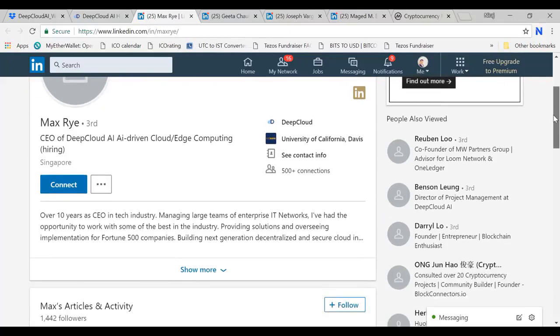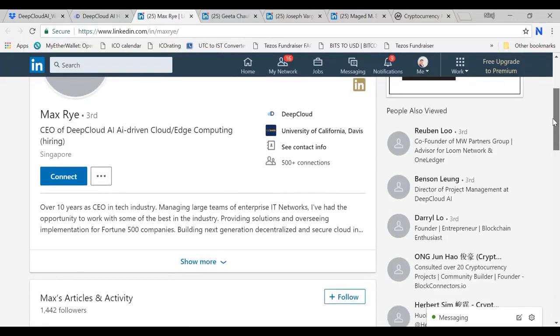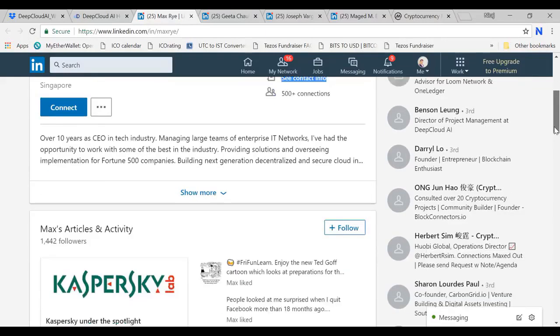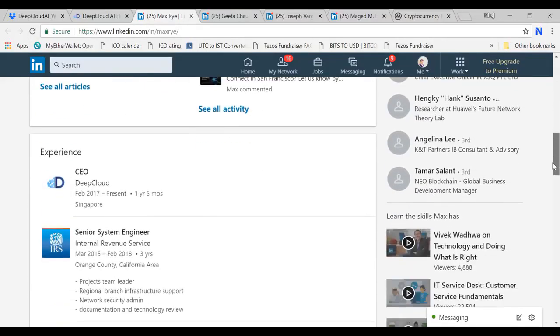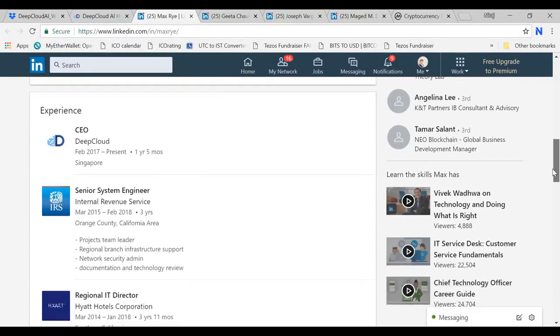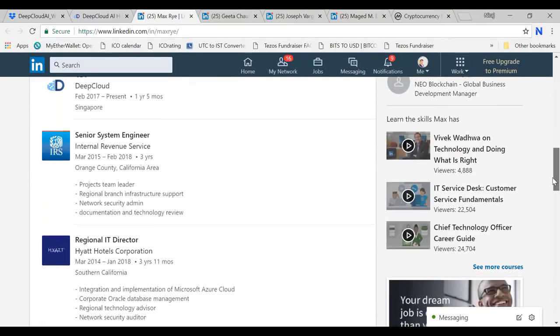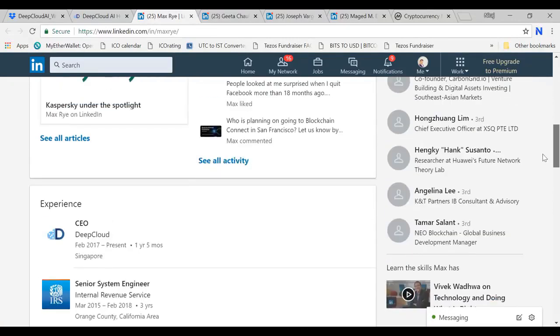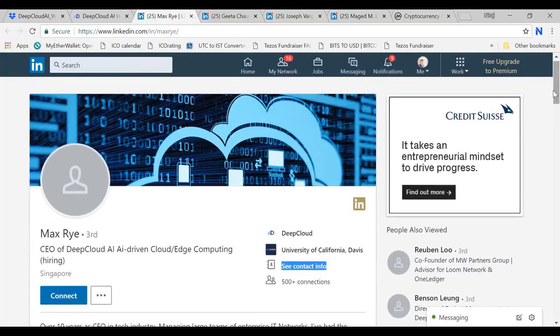So he has enterprise-level experience as a CEO, and if I look at his experience, he has worked as a senior system engineer, and he was IT director at Hyatt Hotels Corporation. It's a big hotel chain.